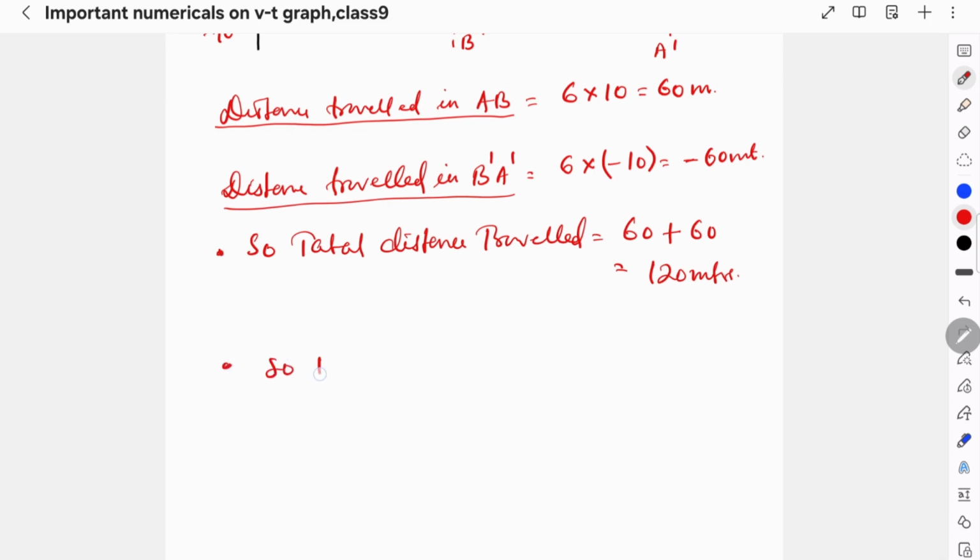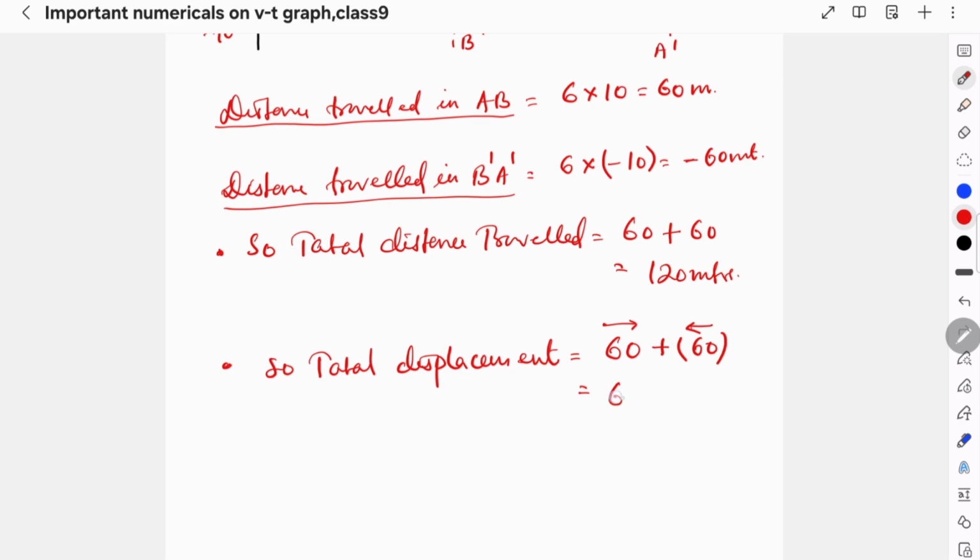And the total displacement will be, now displacement is a vector quantity, so we have to take care of the direction also. In the first part, it has traveled 60 meter in this direction, and in the second part it has traveled 60 meter in this direction.